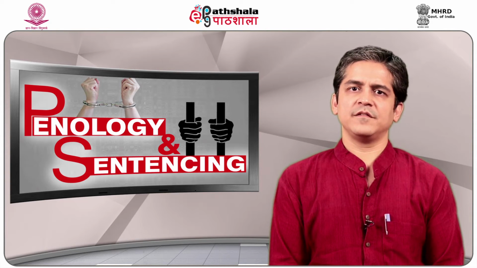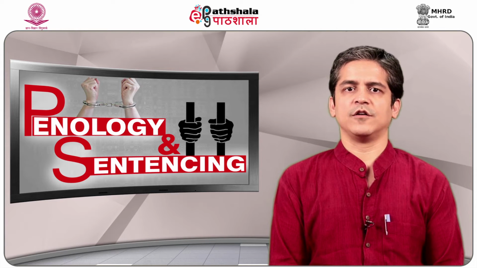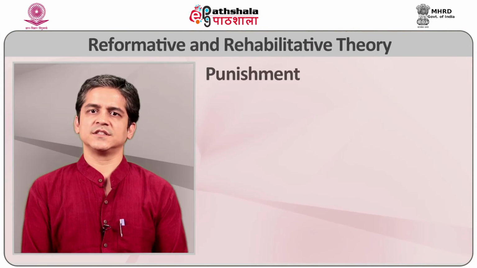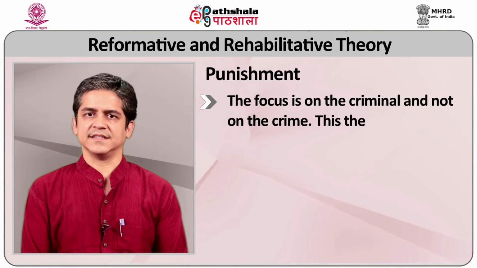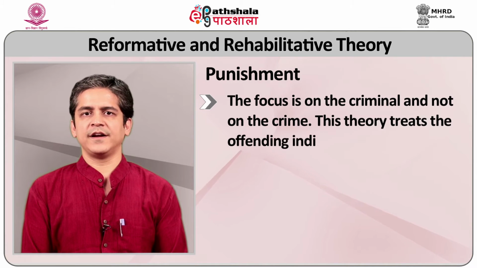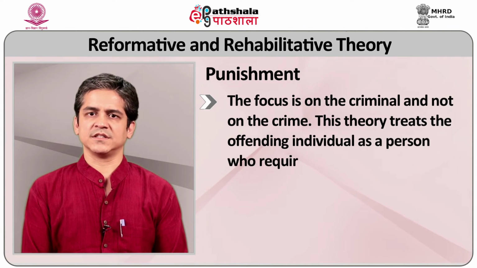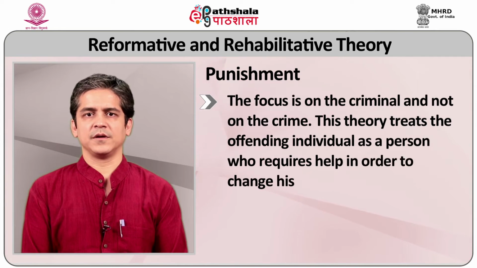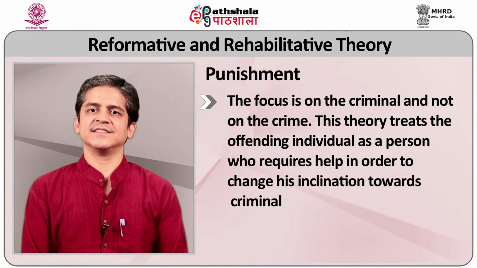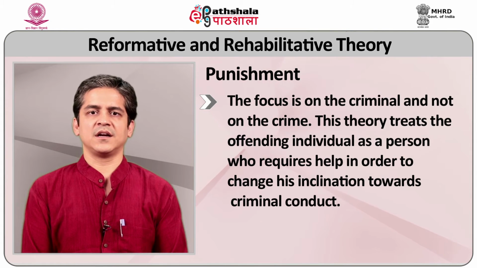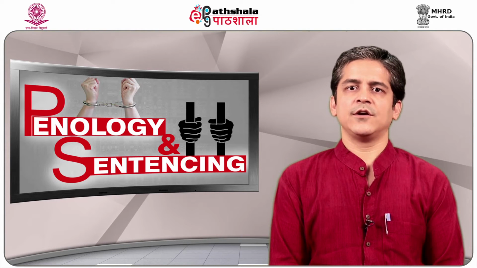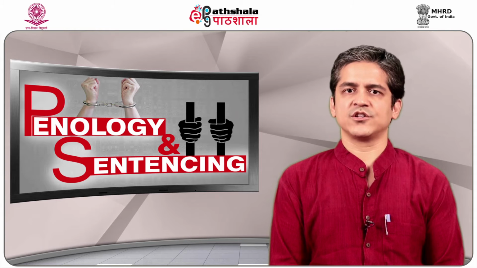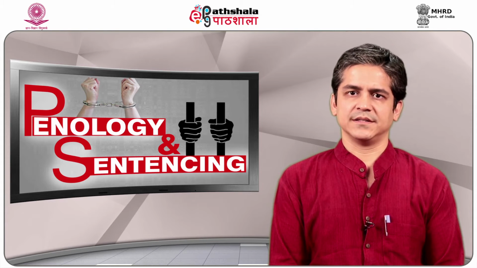In the reformative and rehabilitative theory of punishment, the focus is on the criminal and not on the crime. This theory treats the offending individual as a person who requires help in order to change his inclination towards criminal conduct. Thus, this theory considers the propensity to commit crime as an affliction which can be treated.